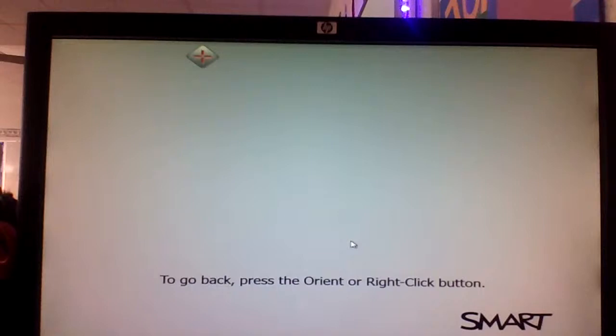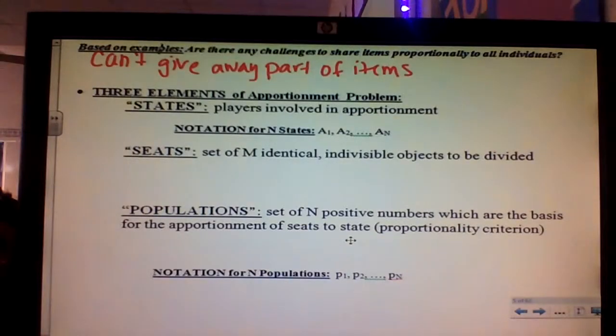Okay, there are 3 major things that you need to have an apportionment problem. Why do I still hear voices when I am talking and teaching? Stop. The first thing you need for an apportionment problem is states, the players involved in an apportionment.